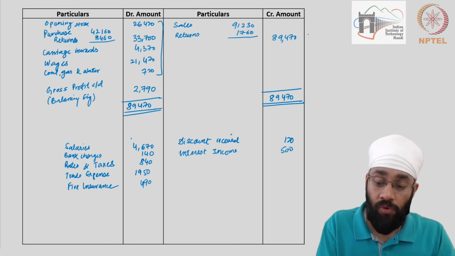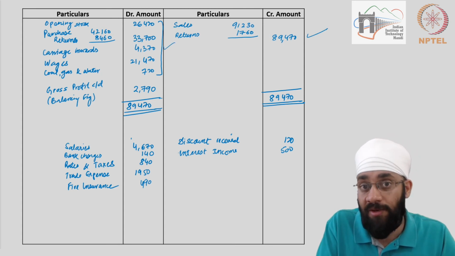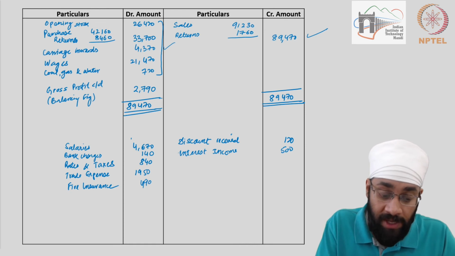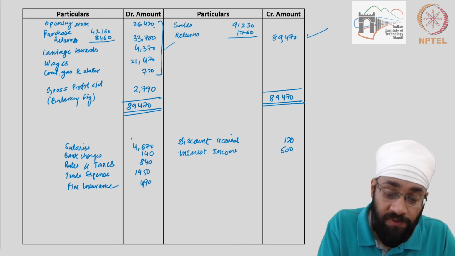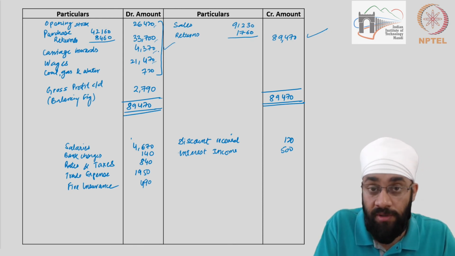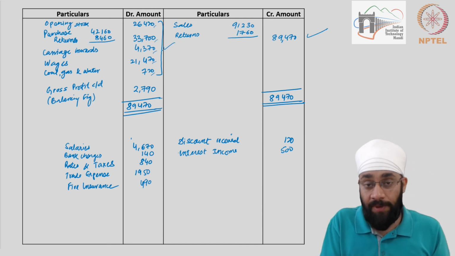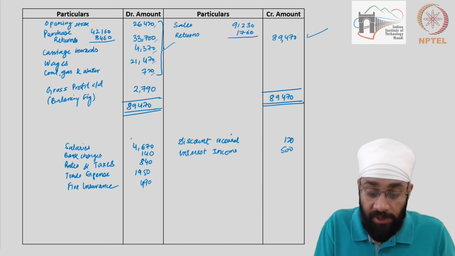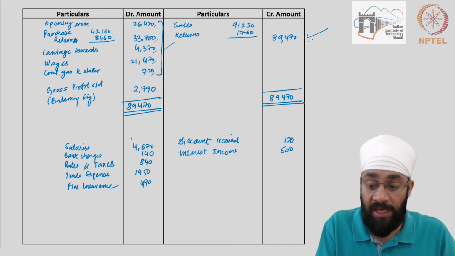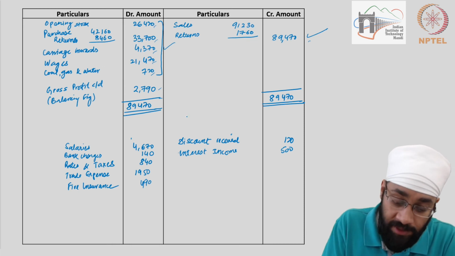So the top line was 89,470, and out of that you have the cost of the goods which have been sold, and this cost includes the cost of stock which you already had, the cost of the stock that you purchased, and then in bringing the stock you paid transportation, you paid to workers to convert the stock into the finished goods, and coal, gas, and water. So all of that comprises the cost of the product. You deduct that from the sale, and then you have the gross profit, gross margin earned during the year.